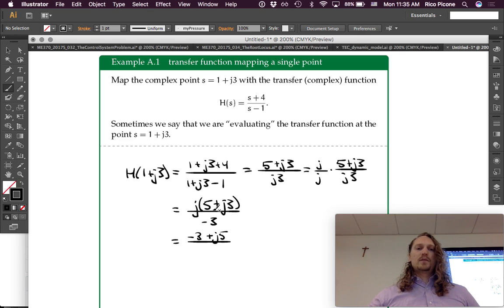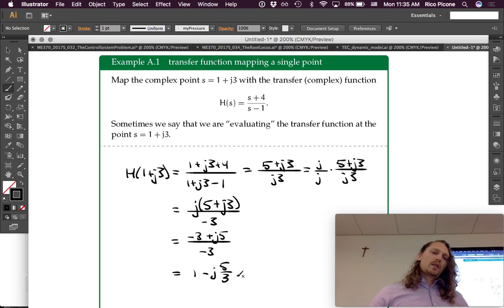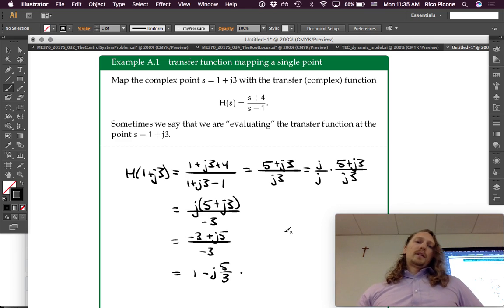So just flip-flop them to write the imaginary one second. And these are still divided by -3. So what is the real part? 1. And what is the imaginary part? -5/3. So that's our answer.